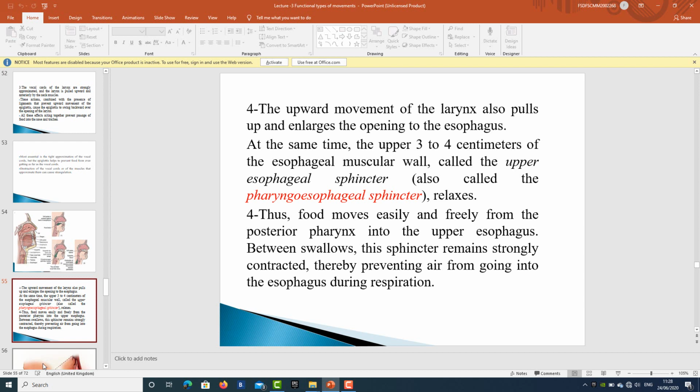Thus, the food moves easily and freely from the posterior pharynx into the upper esophagus. Between swallows, this sphincter remains strongly contracted, thereby preventing air from going into the esophagus during respiration.